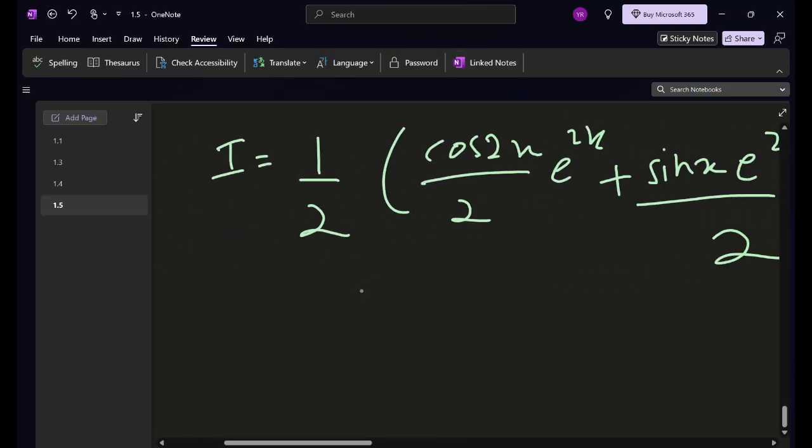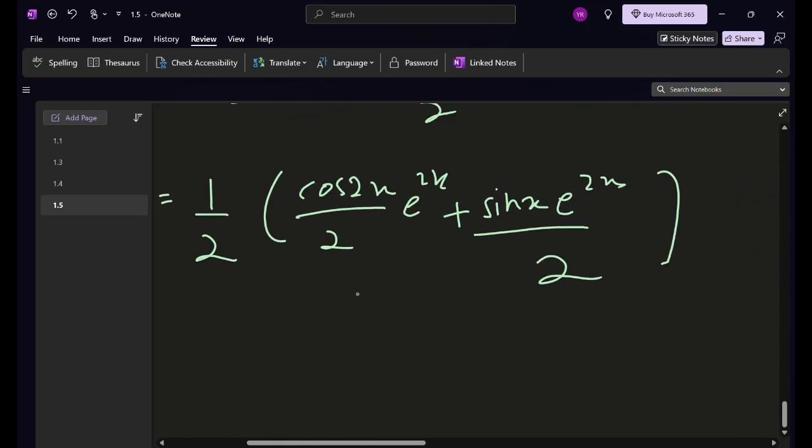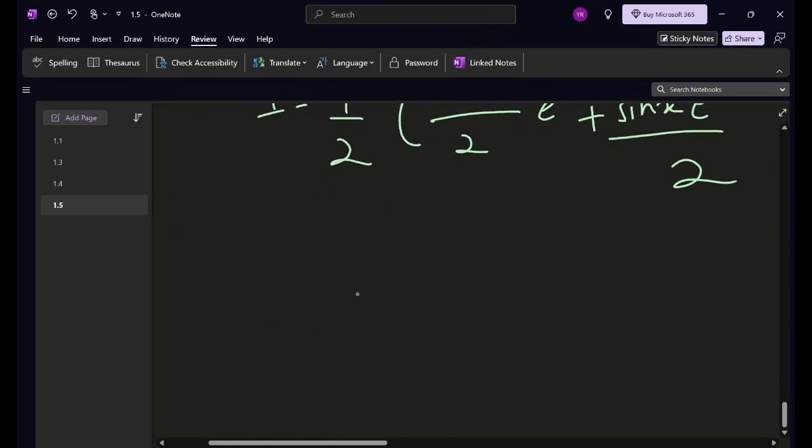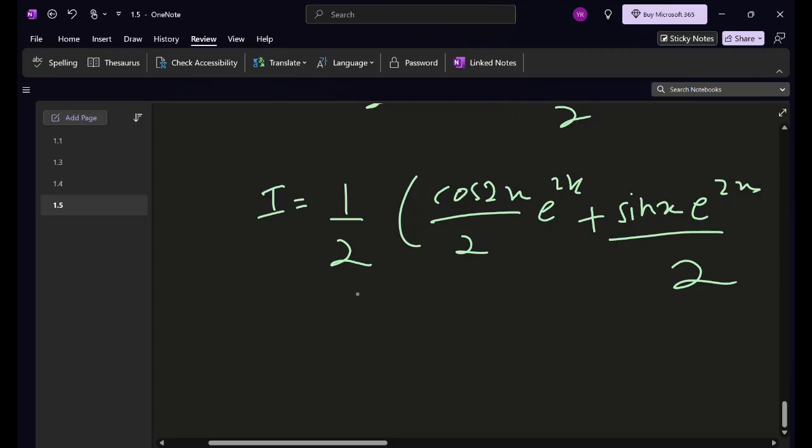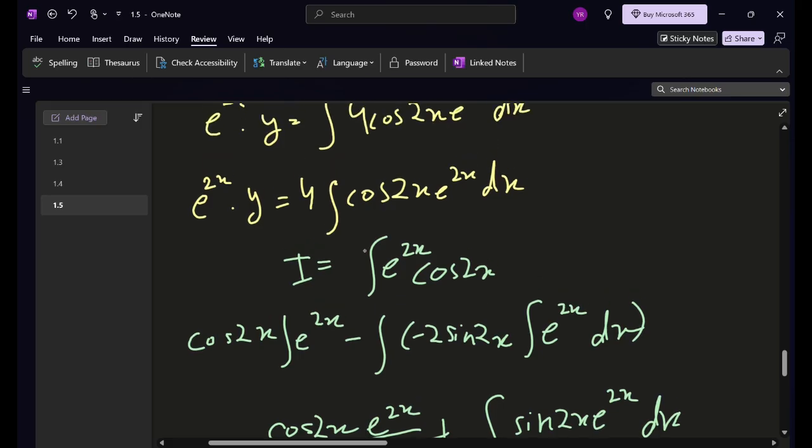Now that we have finally gotten our integral, we are going to proceed with the final solution, which we will do after this part.